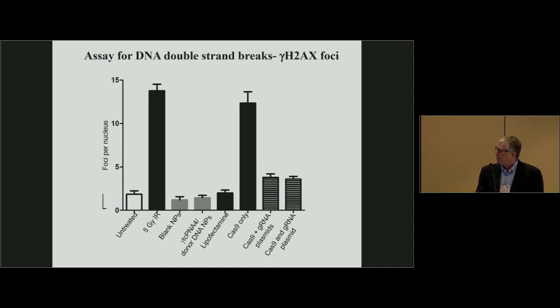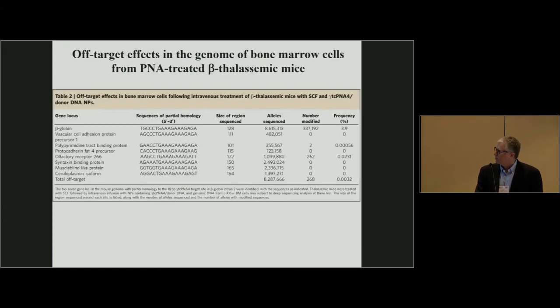And that's quantified here, but in the interest of time, I'm going to move on to just point out we also did deep sequencing of the most closely homologous sites in the genome to see if there were other mutations made at those sites. And as you can see here, in a situation where the beta-globin target underwent 4% gene editing, this is in the mice that were treated intravenously, the frequency overall in the off-target sites out of about 8 million reads was about 1,000-fold lower, although there was one site that seemed to crop up as maybe conducive to some effect, as you see there.